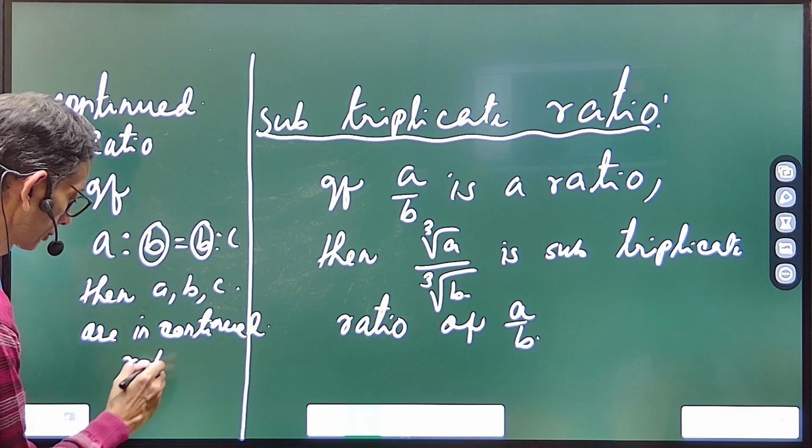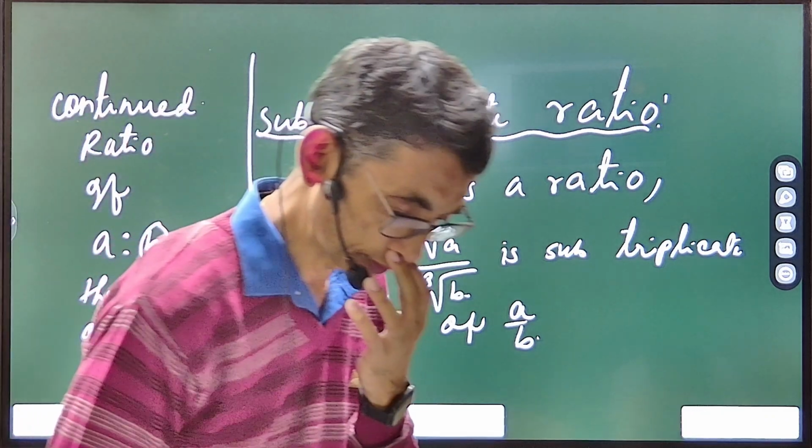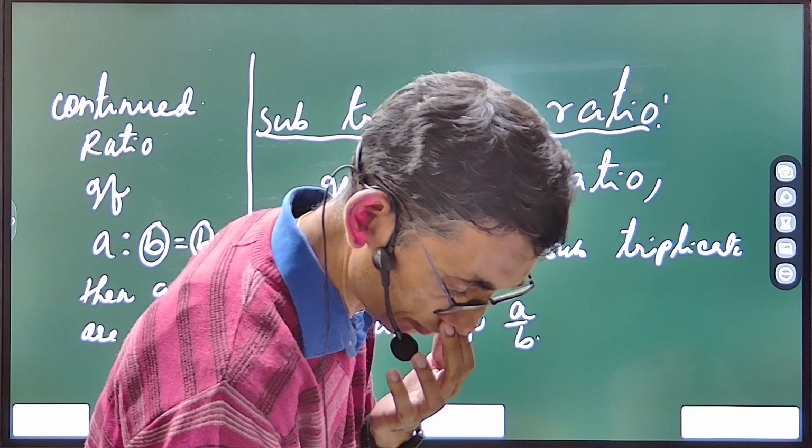The number B must be repeated. A by B is to B by C.